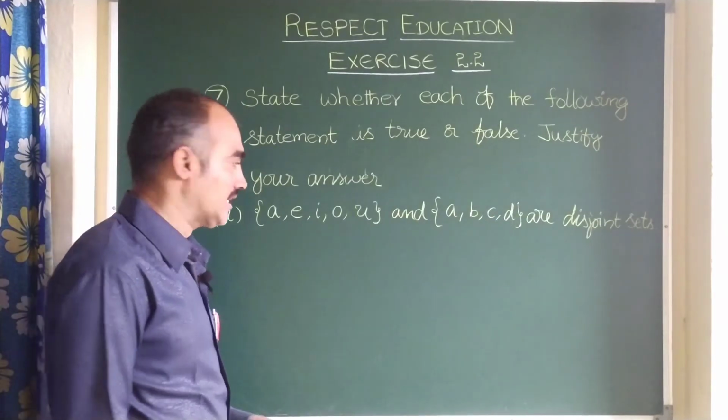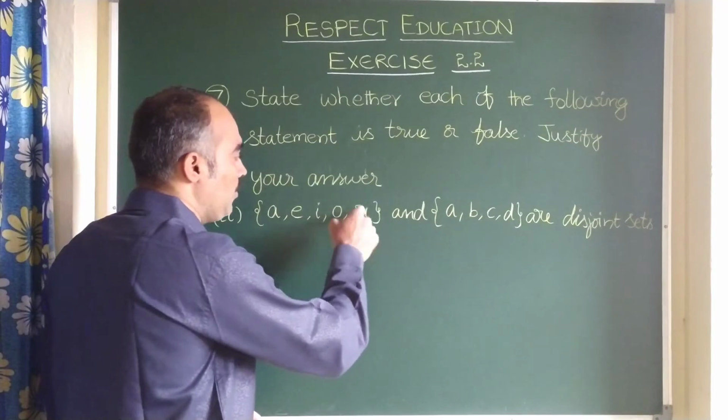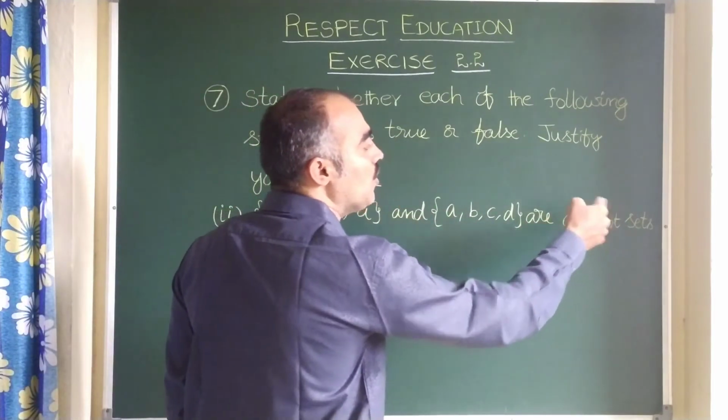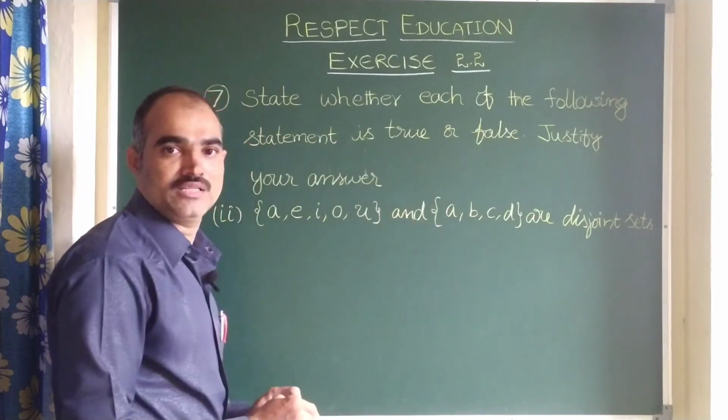Let's see the next bit, that is the second bit. The set of A, E, I, O, U and the set of A, B, C, D are disjoint sets. Now let us check whether it is true or false.